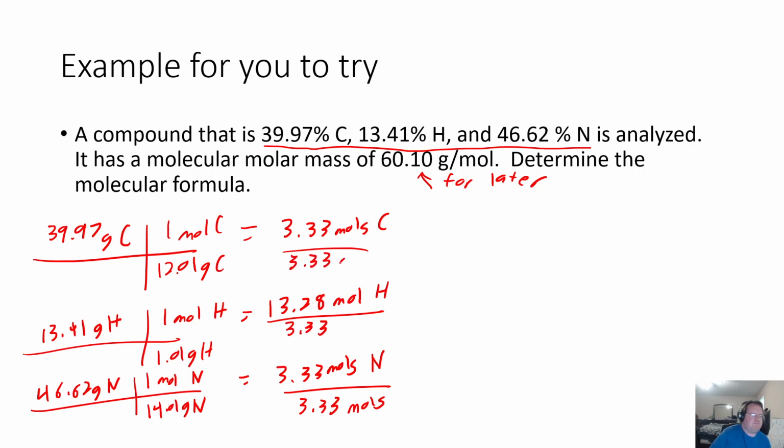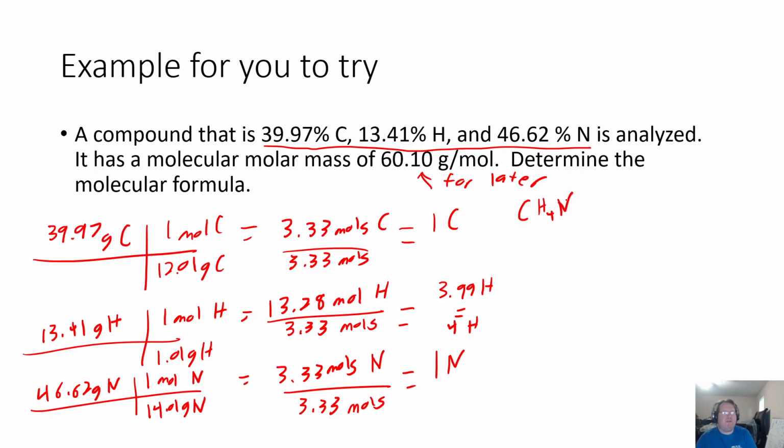And when I do that, 2 of mine are going to turn out to be 1, because they have the same value in front. So we've got 1 nitrogen, 1 carbon, and then 13.28 divided by 3.33. We've got 3.99 hydrogen, which is close enough, we'll just call it 4 hydrogen. So our empirical formula is CH4N.